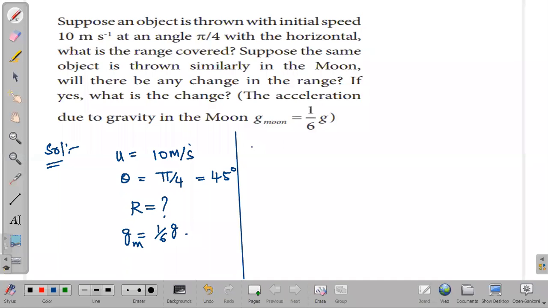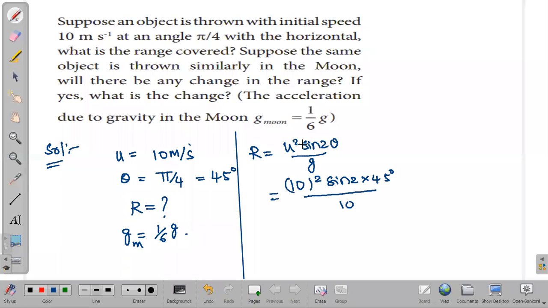So R is equal to U square sine 2 theta by G. That implies 10 square sine 2 into 45 degrees by G. G, let me take as 10 because they have not mentioned 9.8. So I can take it as 10 meter per second square. If they mention 9.8, we have to take 9.8 only. This 10 and this square 10 will cancel out. So what is left out? 10 into sine 2 into 45, sine 90, right? So sine 90 degrees value is what?